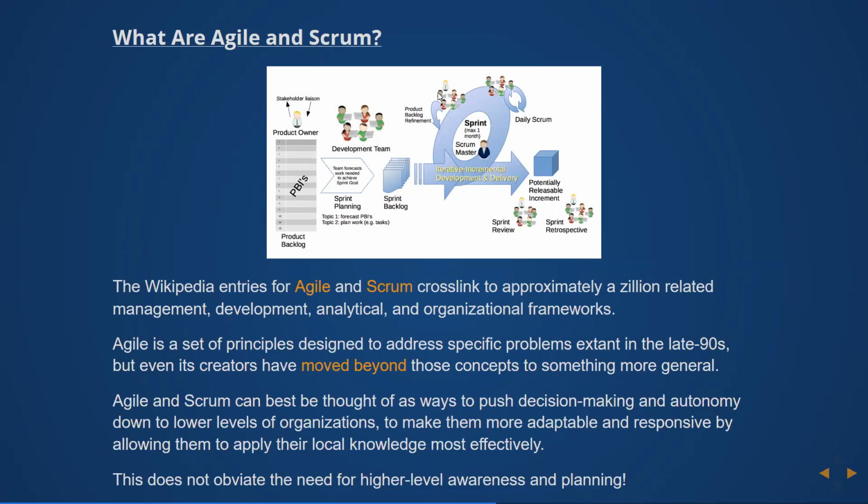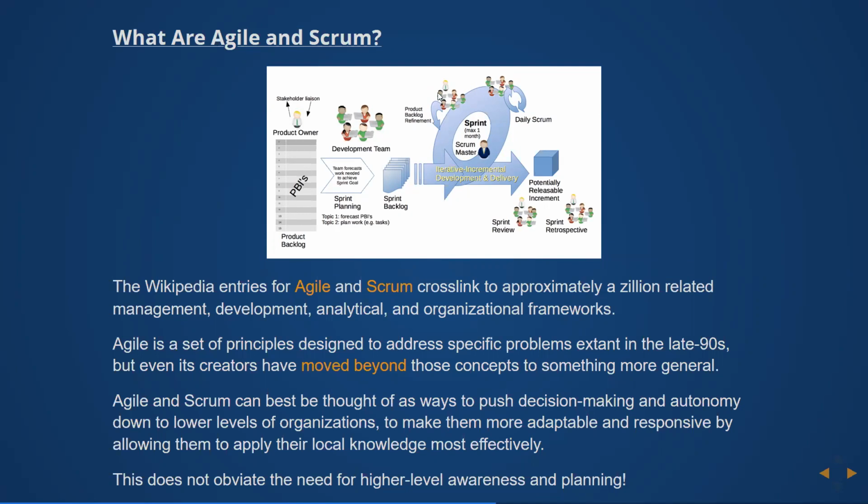So the feedback and iterative action method I talked about does the same thing. And that's always been the case. The real big takeaway of what Agile and Scrum give you is that they make organizations flatter and more responsive.